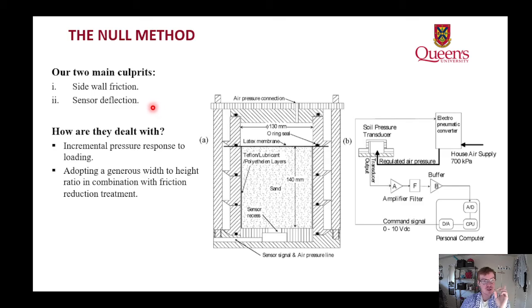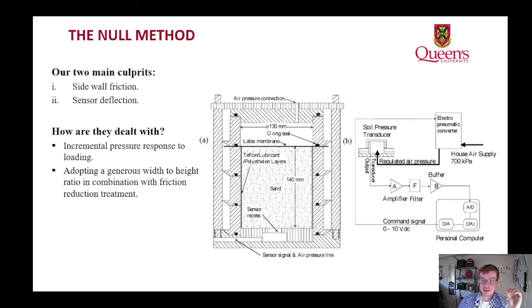Well, the first thing we're going to deal with is sensor deflection. So a soil pressure transducer, which we've seen on the past slide, is going to be installed flush within a recess in the pressure vessel so that it's a flat, flush surface. And instead of allowing deflection to occur under loading, a system would be put in place to use regulated air pressure to actively preempt and stop deflections from taking place.